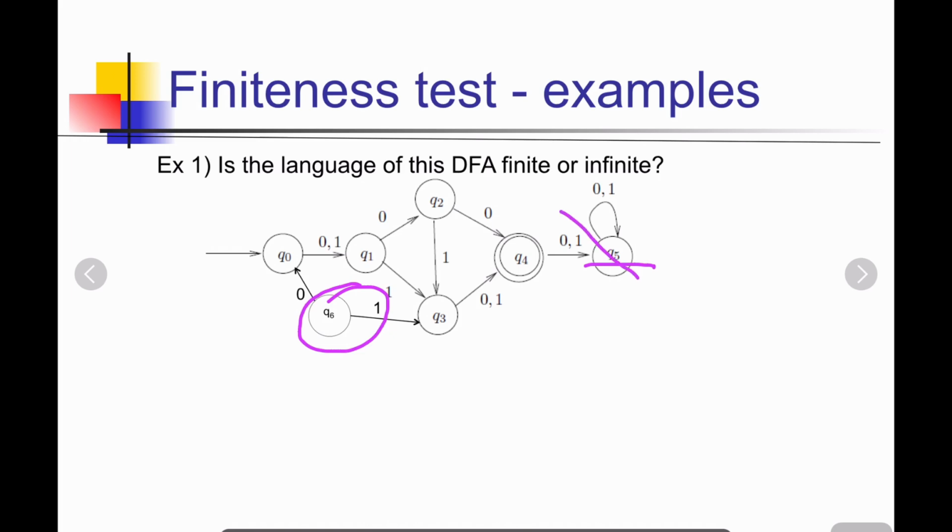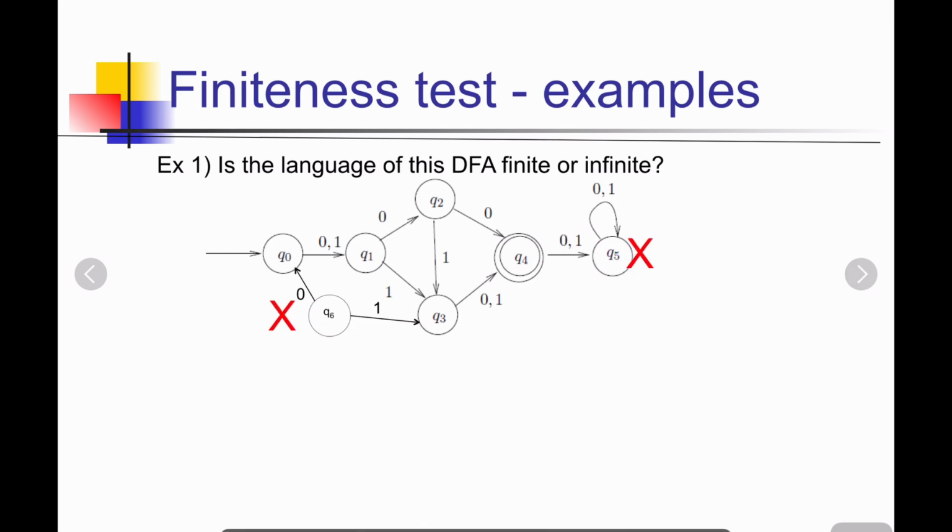If I remove it, there is no cycle, and if there is no cycle then you can say it is finite.